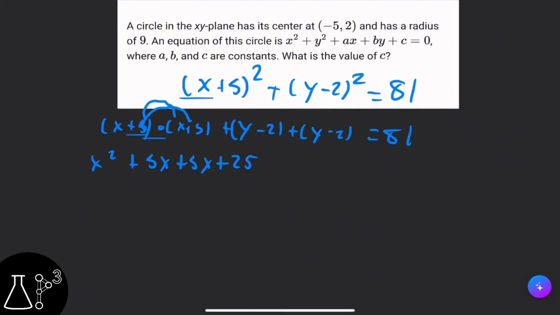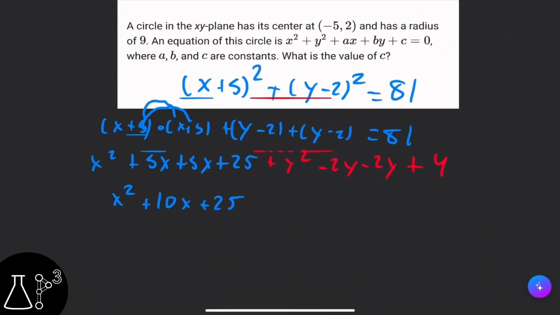Combine like terms, we get x squared plus 10x plus 25. Let's do the y side now. y multiplied by y is y squared, and y multiplied by negative 2 is negative 2y, and again negative 2 multiplied by y is negative 2y, and negative 2 multiplied by negative 2 equals positive 4. The two negatives make a positive, sorry.